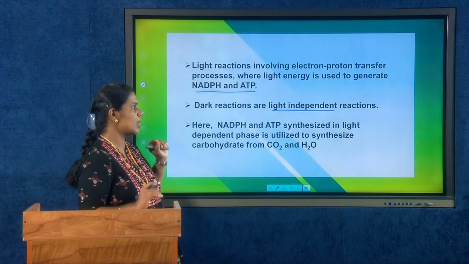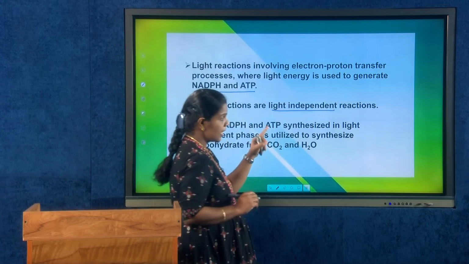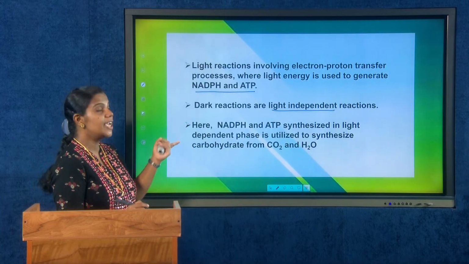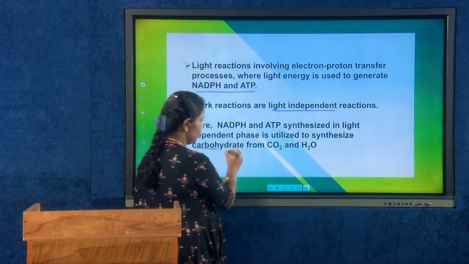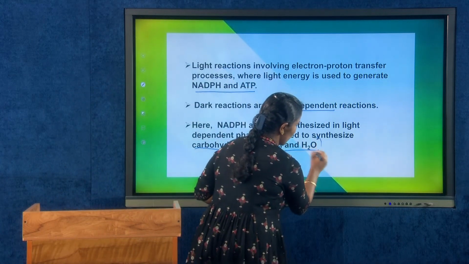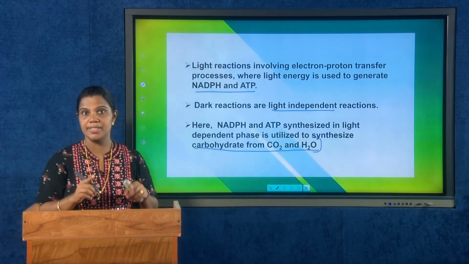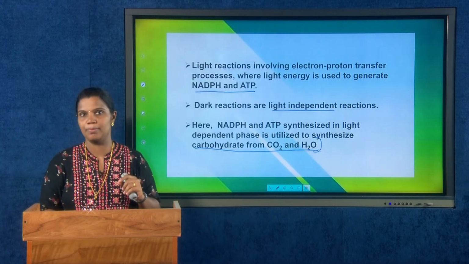In this phase, what is happening? The NADPH and the ATP that are synthesized in the light reaction are utilized to synthesize carbohydrate from carbon dioxide and water. So, you can see it is in the dark phase that we are synthesizing the carbohydrate molecule.